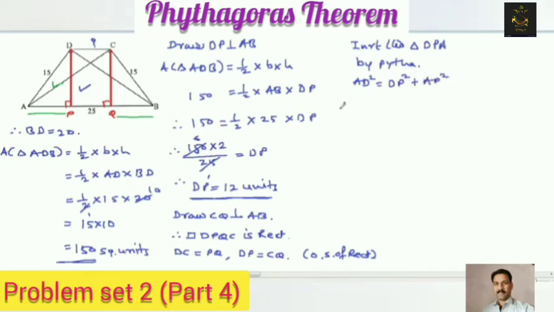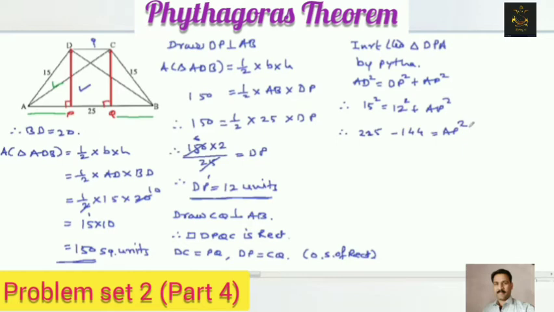AD is 15 square, DP we already found, 12 square, and this is AP square. So 15 square is 225, minus 144 is equal to AP square.